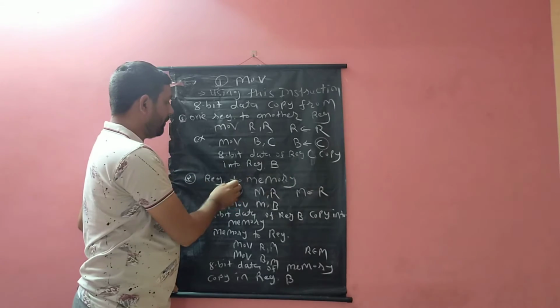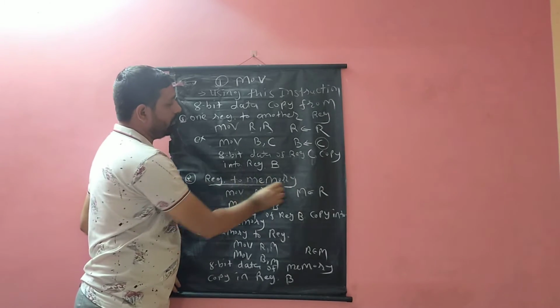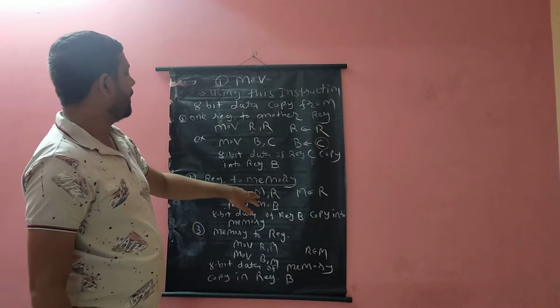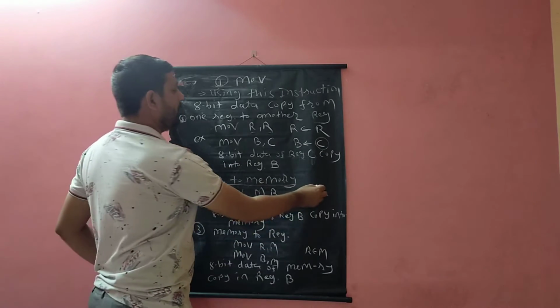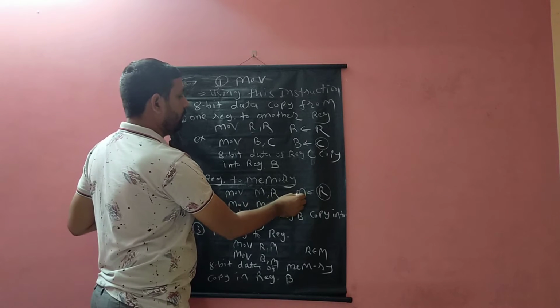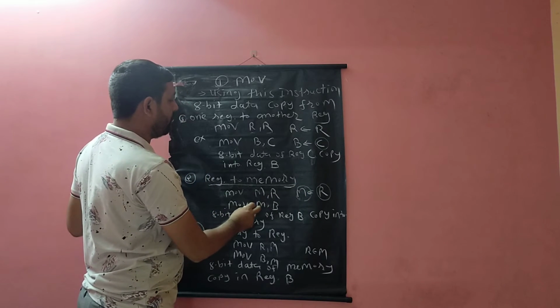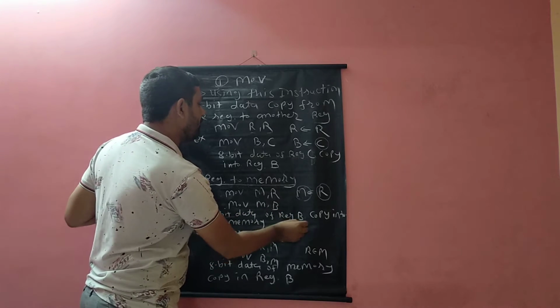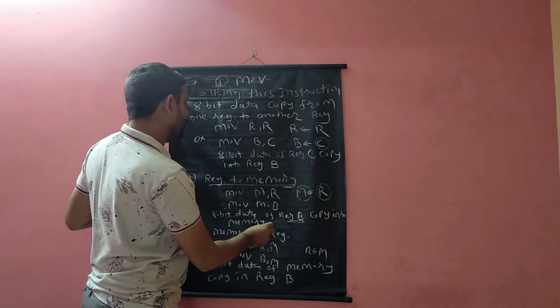In the same way we can also copy from register to memory, that means the 8-bit data from a register is stored into memory. For example, MOV M, B means the 8-bit data of register B is copied into memory.